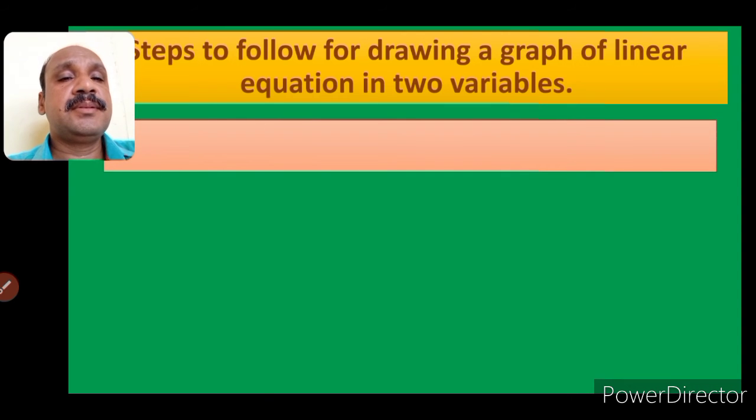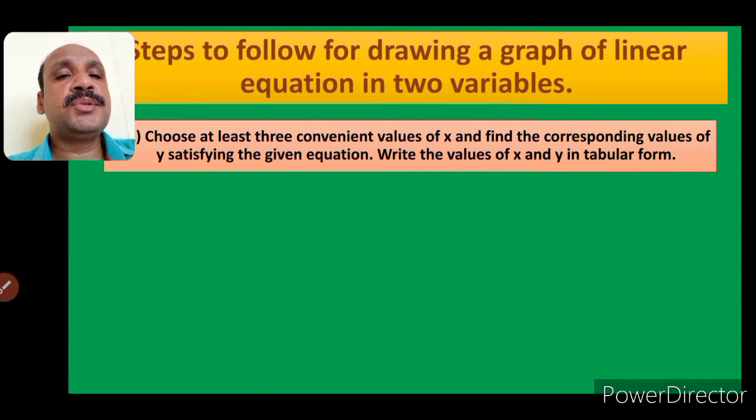First step. What is the first step? Choose at least 3 or 4 convenient values of x, and find the corresponding values of y satisfying the given equation. Write the values of x and y in tabular form.